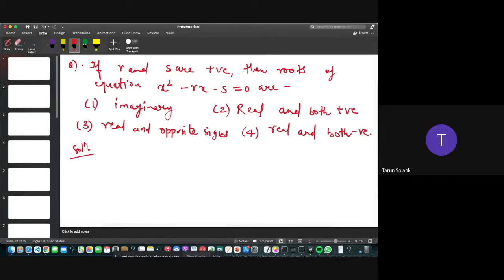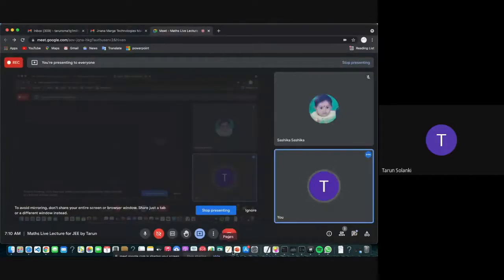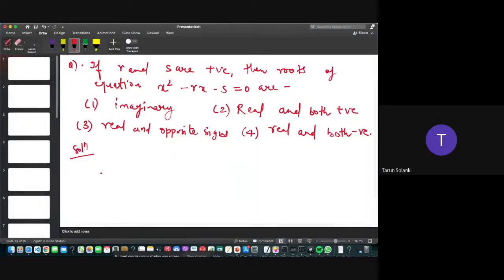Okay, so now we have to solve this question. First, we will have to find the discriminant of this, right? For the discriminant, we know b square minus 4ac is greater than 0 if r and s are greater than 0, right? So let me write it here.